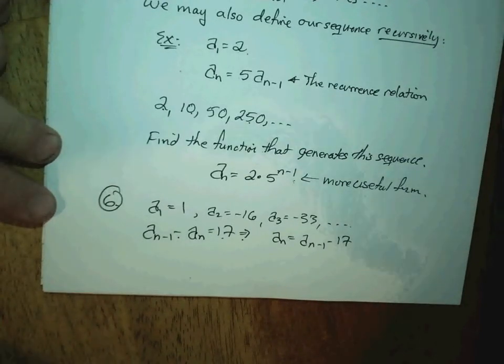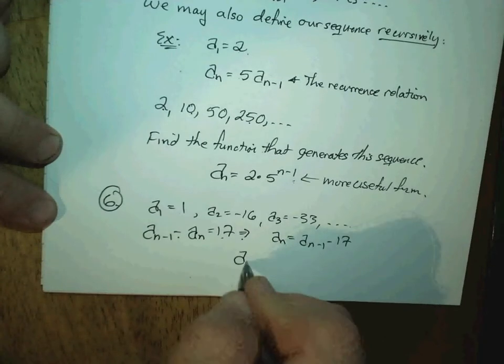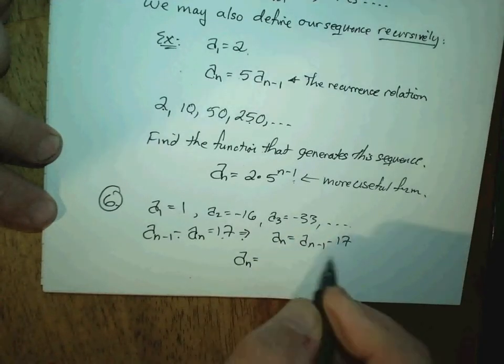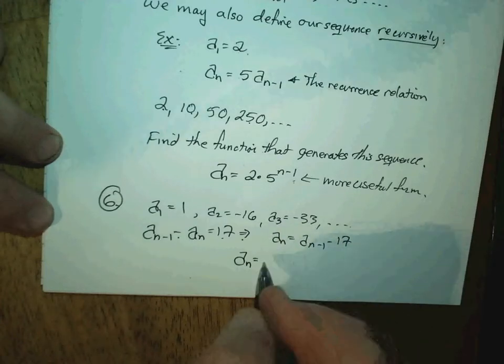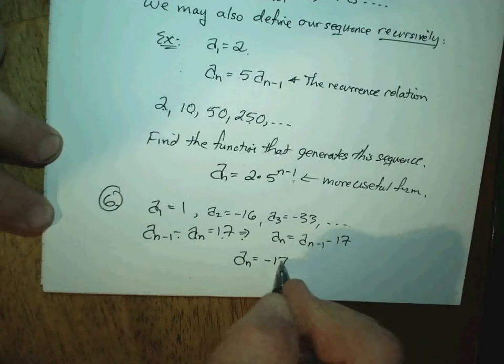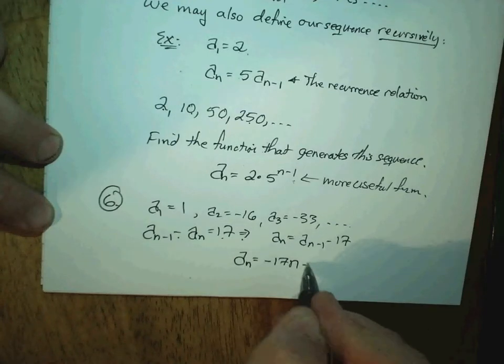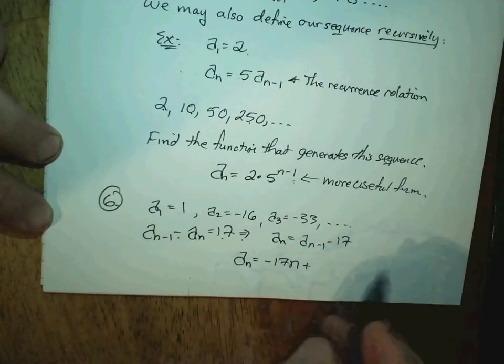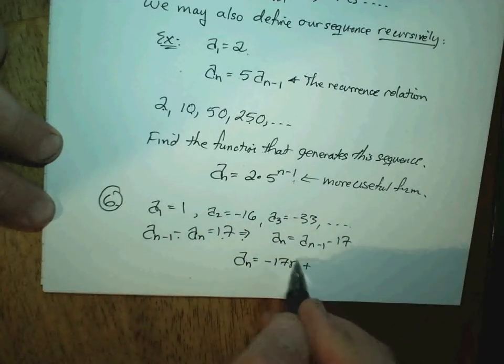So now, what would that look like in terms of a rule? Well, to find it as a function, think about it this way. You're repeatedly subtracting 17, aren't you? So subtracting 17 n number of times is part of this rule. Then figure out what you would have to add to that to make this work. To make a sub 1 be 1, negative 17 times 1 is negative 17.